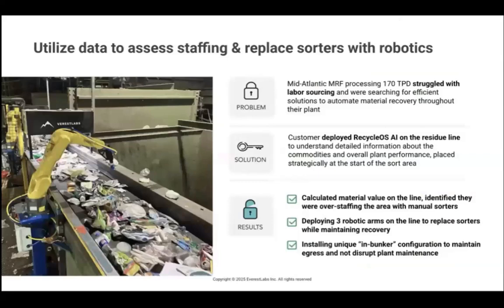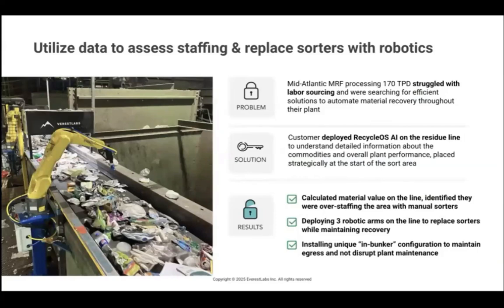Awesome. Thanks, McKenna. This case study on how to utilize data to assess staffing comes from a mid-sized MRF in the mid-Atlantic region of the US, processing around 170 tons per day. No shocker to anybody in the industry that labor is one of the highest costs at a MRF, and this particular MRF had been struggling with labor sourcing and high turnover since the pandemic.